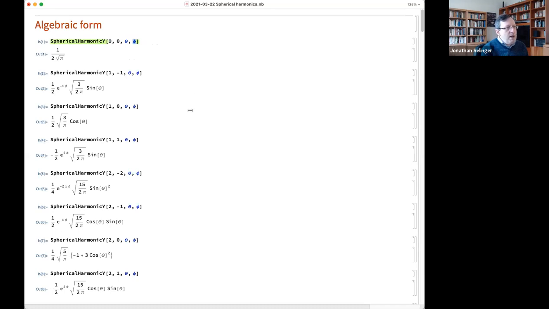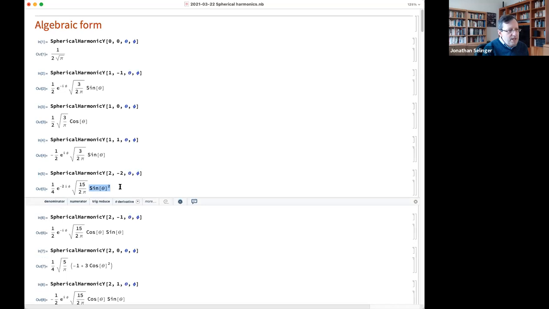Okay? So here is a list of a bunch of the spherical harmonic functions. And what you can see, let's look at a typical one right here. The L equals 2, m equals -2. Okay, so you can see that it has a dependence on theta that is some trig function.